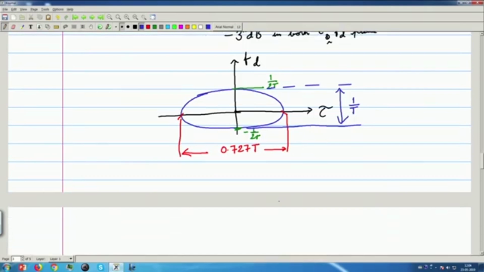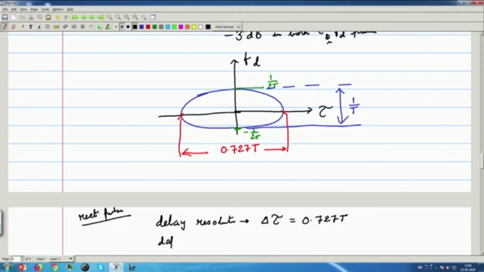I can now write that for the rectangular pulse, which we are still discussing, the delay resolution, delta tau, is 0.727 t, and the Doppler resolution, delta f d, is 1 by t.